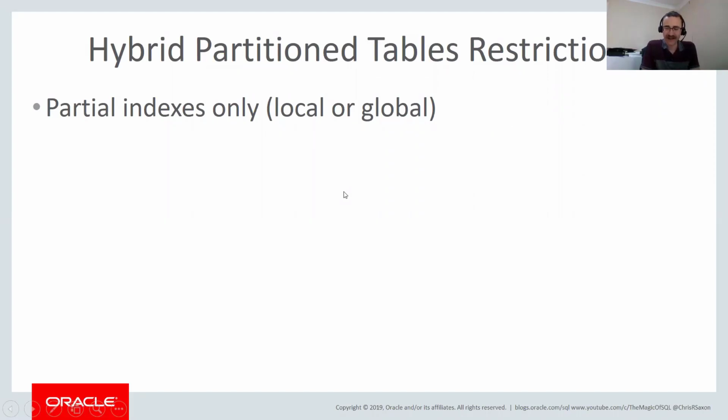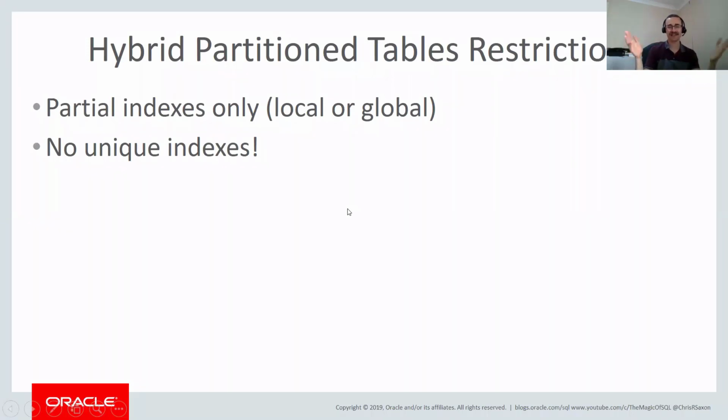Okay, that's good. We can still get some indexing benefits, but this probably leads to the biggest drawback here. We cannot have unique indexes on hybrid partition tables. Why? Well, you cannot have partially indexed unique indexes, which, when you think it through, kind of makes sense.